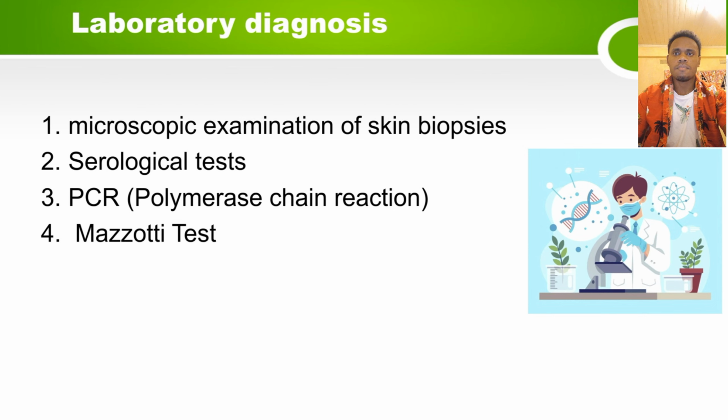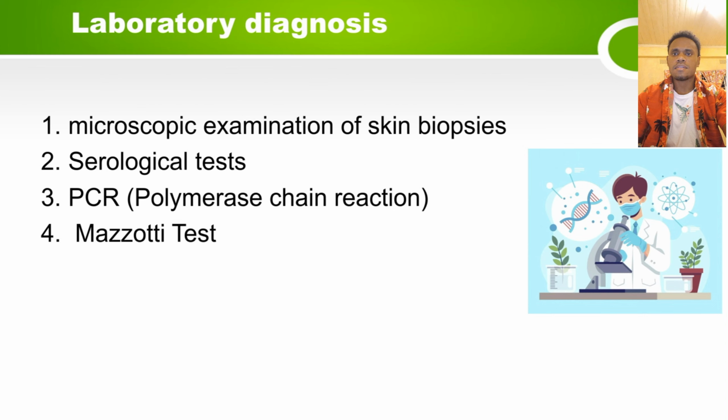There are 4 main laboratory diagnoses of Onchocerca volvulus. The first one is microscopic examination, where a small piece of skin is taken, typically from the crest or calf, and then incubated in saline solution. The microfilariae emerge from the skin sample and can be observed microscopically.